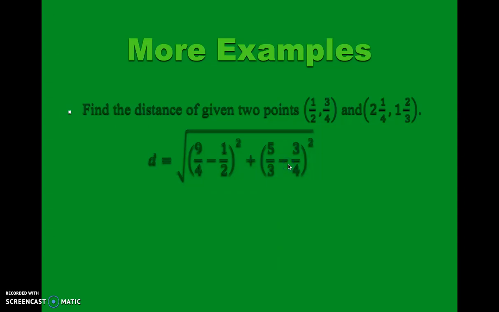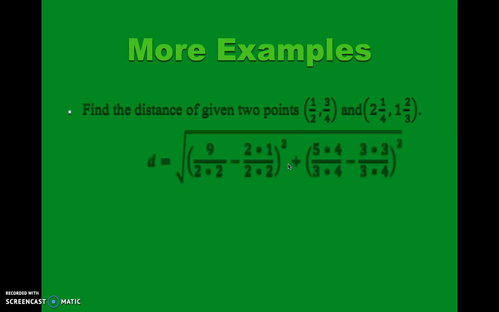So for the first parentheses, 9/4 minus 1/2 squared, 4 is divisible by 2. 2 divides 4. So for 1/2, we'll multiply the top and bottom by 2. In the second parentheses, 5/3 minus 3/4 squared, unfortunately neither denominator is divisible by the other, so for 5/3, we multiply the top and bottom by 4, and for 3/4, we multiply the top and bottom by 3.